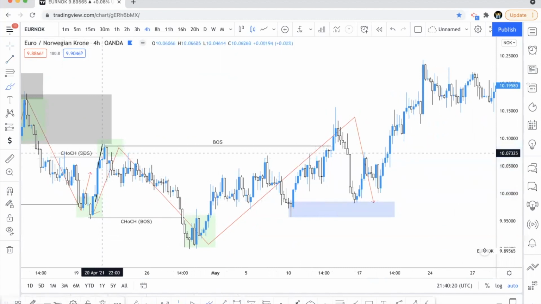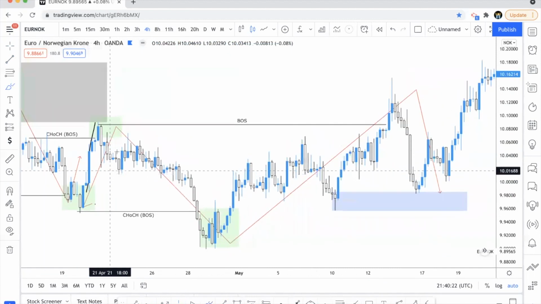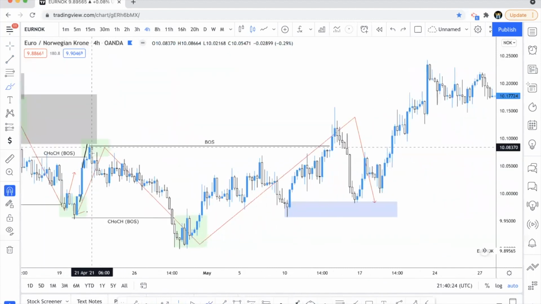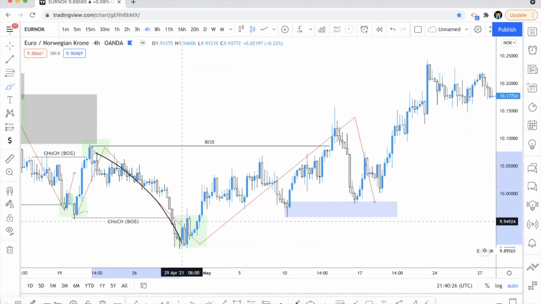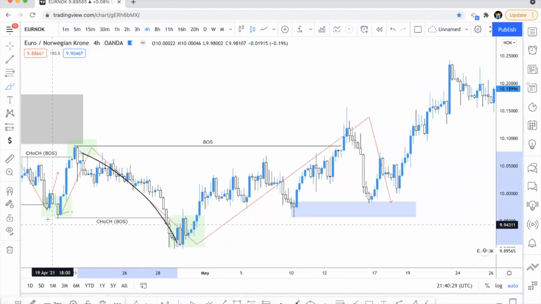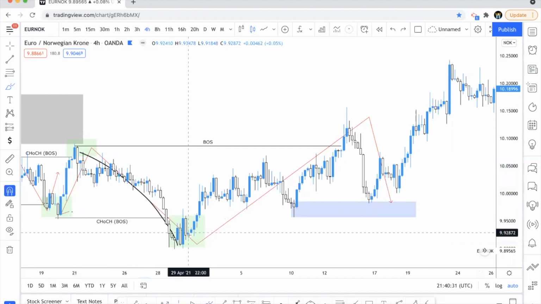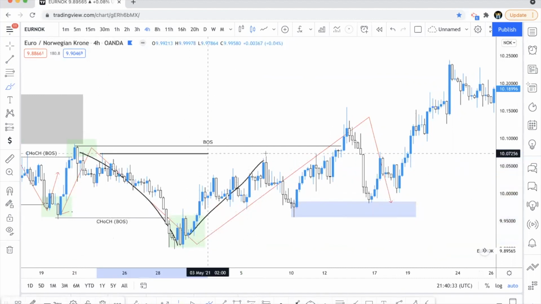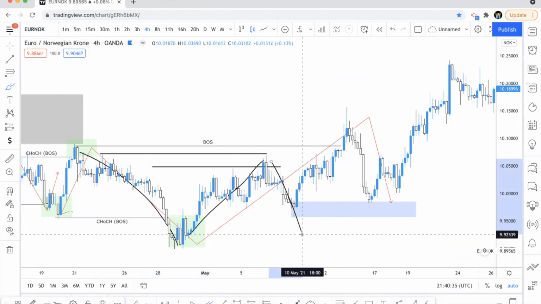Okay, and then also when price took off from here, sellers were taken out, and now we're waiting patiently for the market to come back up here for another sell, and the sell doesn't happen.